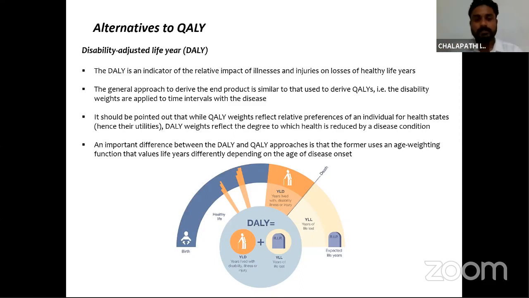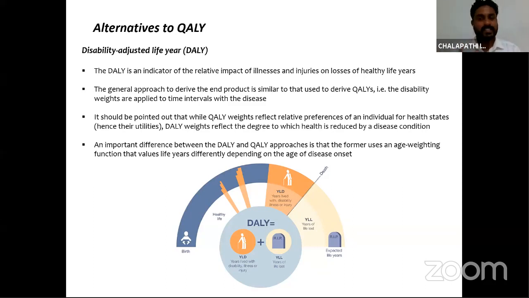Now you see, birth was 0, expected life was 70. At 30, he met with an accident. So obviously his quality of life was 1, right? What happened because of that disability? He lost 0.2 utility for another 20 years.